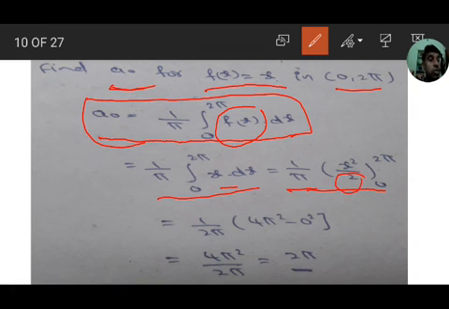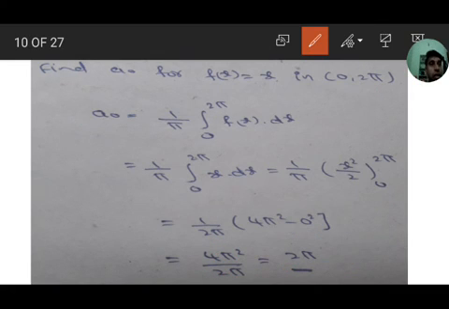Taking the 2 outside, we get 1 by 2 pi, with upper limit 2 pi whole square, that is 4 pi square, and lower limit 0 square. So 4 pi square by 2 pi, pi and square cancel, 2 2 are 4, so we get 2 pi as the answer.